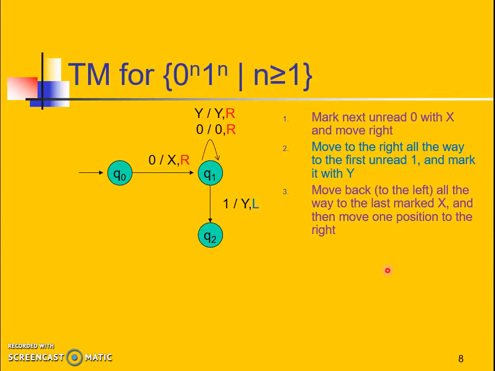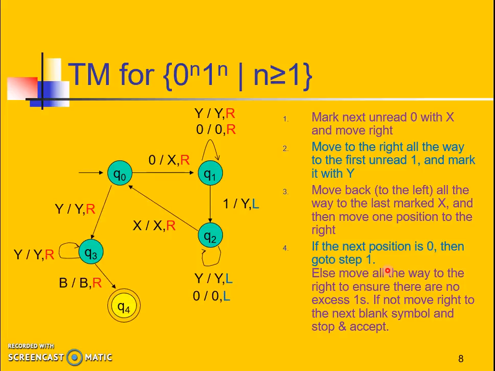This is the transition diagram. When it is in initial state q0, 0 is replaced with X, the machine head is moved to the right, and q0 changes to q1. When it is in q1 and encounters 0, 0 is replaced with 0, and the machine head moves to the right.